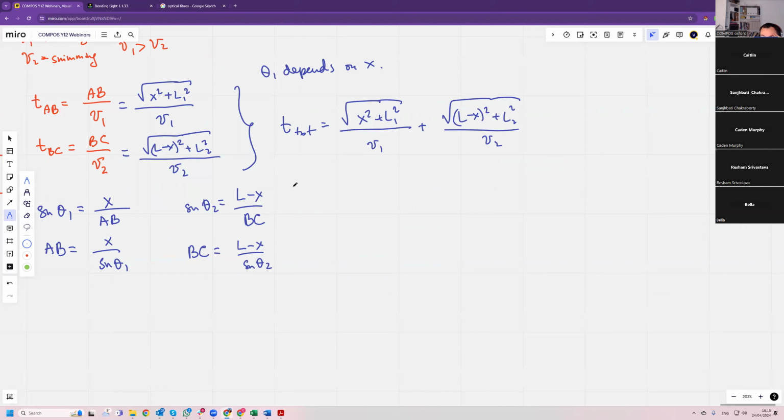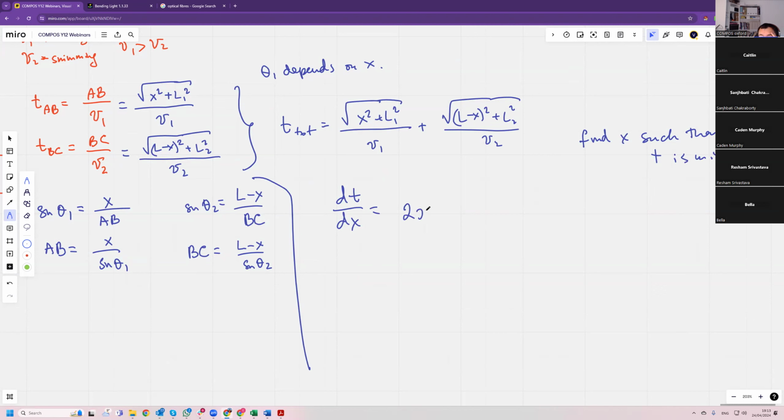So now in order to find the minimum time, I need to differentiate t with respect to x. Find x such that t is minimum. All right, so dt over dx. So I differentiate that.